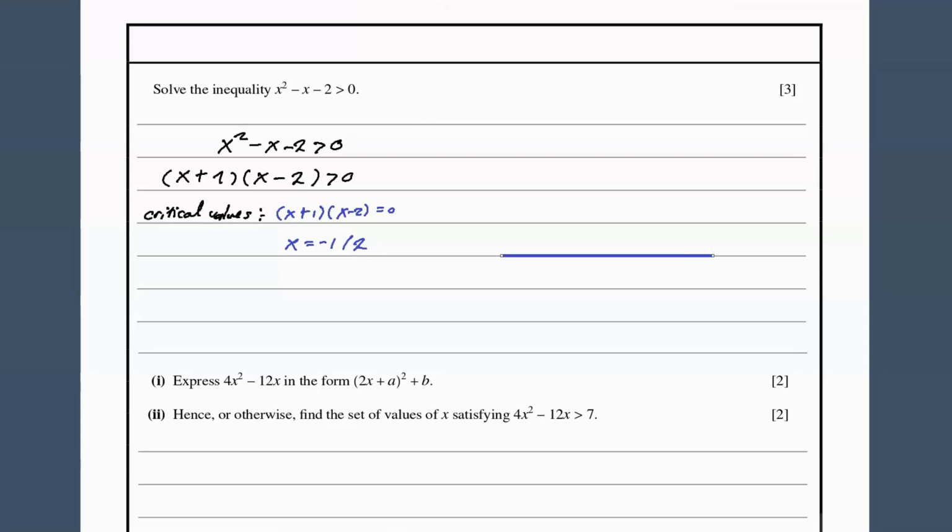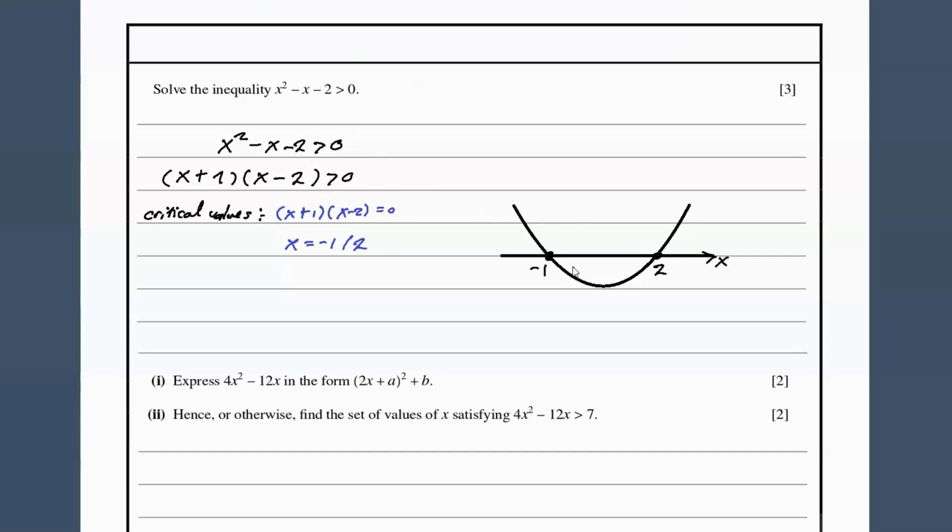So if we make the graph or sketch of the quadratic curve, it should be like this, where the critical value minus 1 will be here and the second one, the 2, will be here. So we have the x-axis here. So we are now asking ourselves for which values of x is the graph greater than 0, that is above the x-axis.